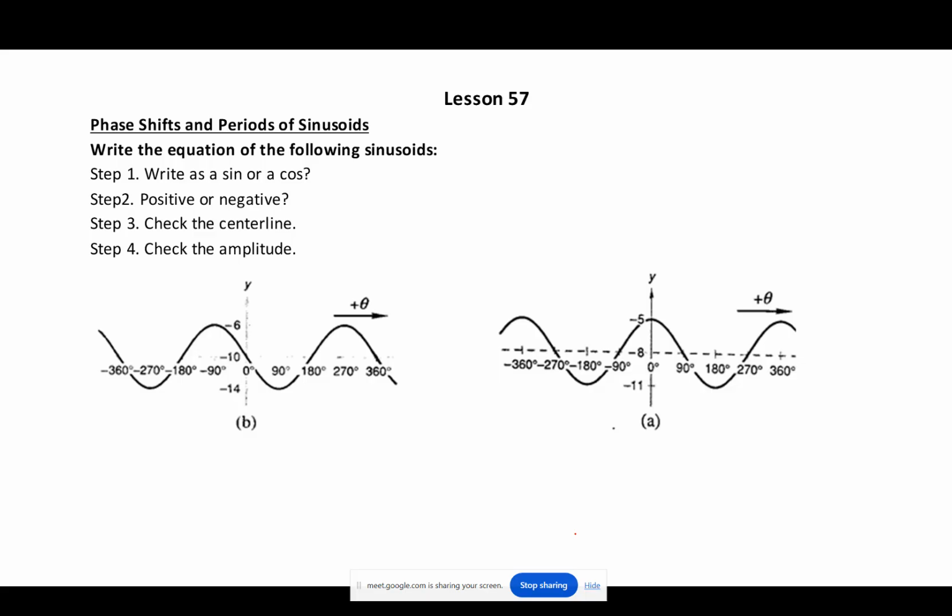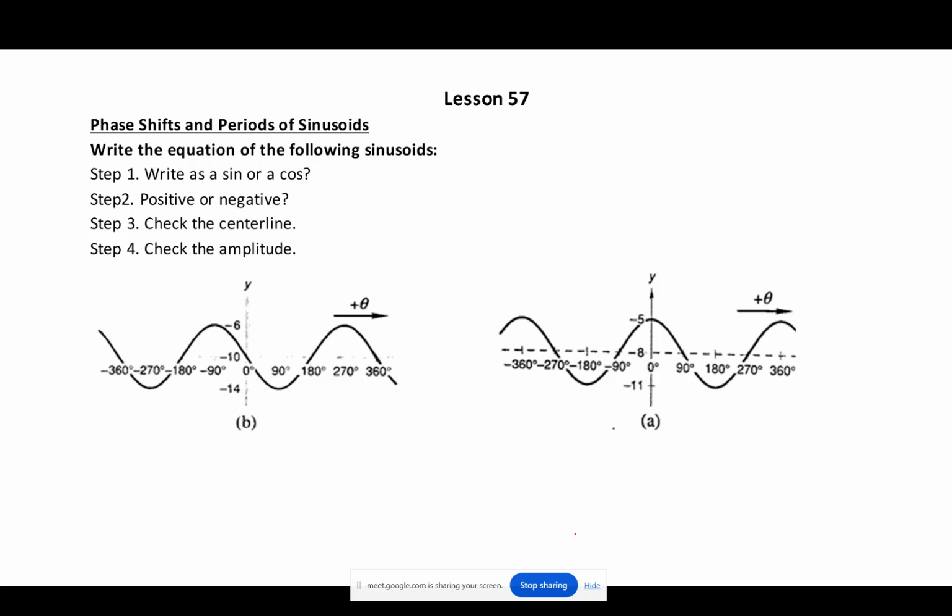All right, now we're going to start talking about phase shifts and periods of sinusoids. So far, when we have written the equation of a sinusoid, we have had sines and cosines where they are always centered, always in the same place horizontally, and they have just been moved vertically, and they may have a different amplitude, but those are the only things that have been different between each one we've done.